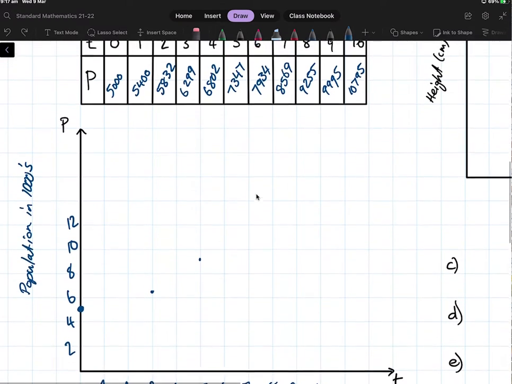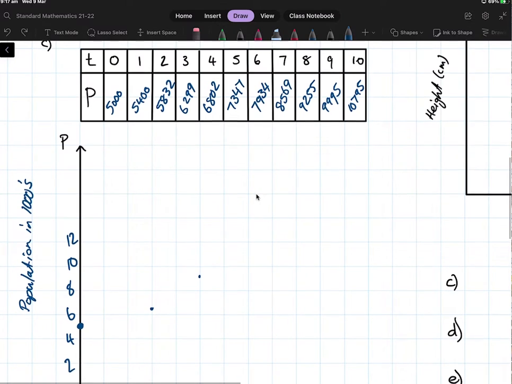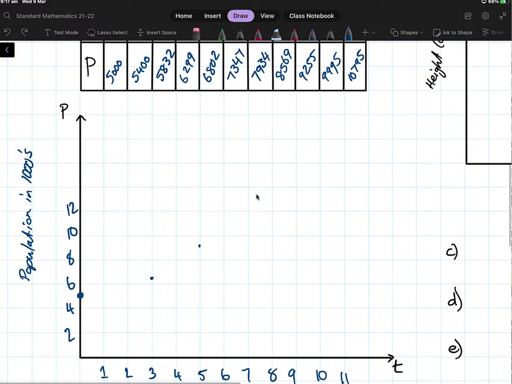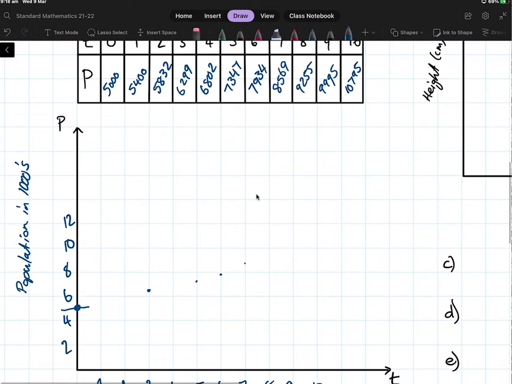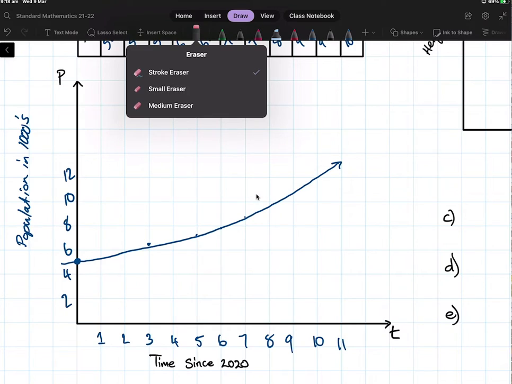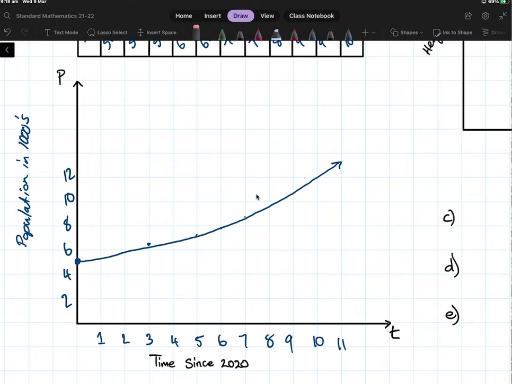Very close to 8,000 in the sixth year, somewhere here. In the seventh year, I'm at 8,500, so we're up here somewhere. So you can kind of see this curve. It's kind of doing this. So we've kind of got that.